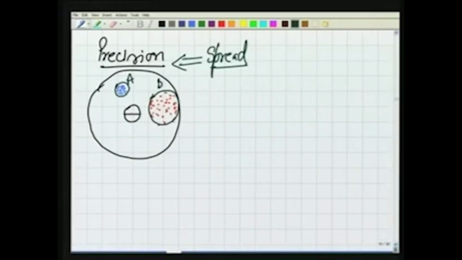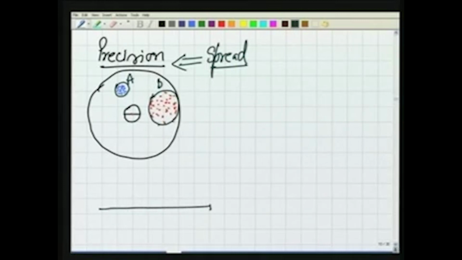Now, what we do? We will try to take the same concept into surveying observations. Let us say there is a length. L is the true length, which we do not know. There are two observers, A and B. Both of them measure this length. A comes here and takes several observations, for example L1, L2, L3 up to Ln.